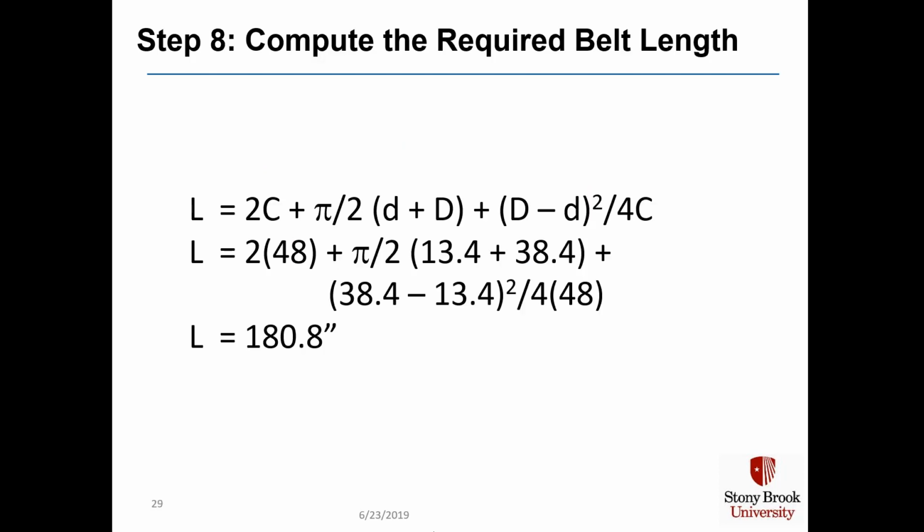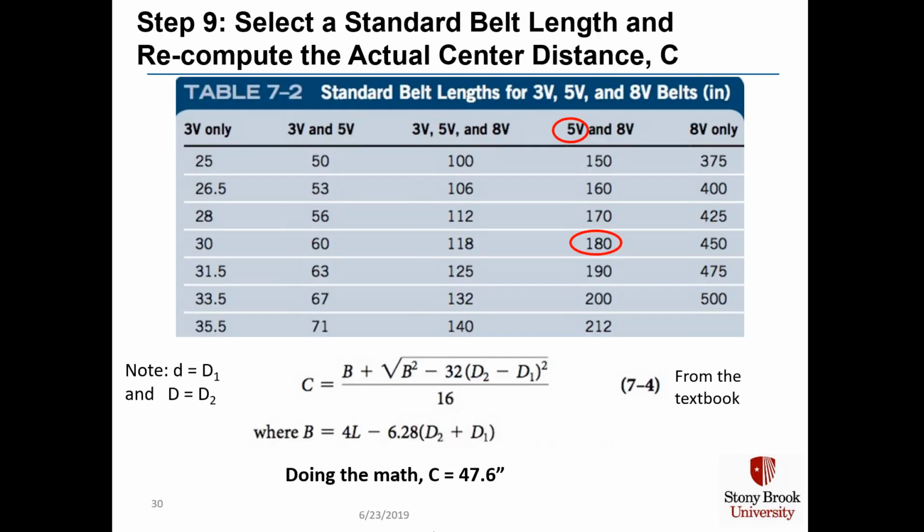We then compute the required belt length L from the formula, and we get 180.8 inches. We select the standard belt length and recompute the actual center distance because we can't buy 180.8 inches. But in table 7-2, we can buy 180, and the center distance wasn't that critical.